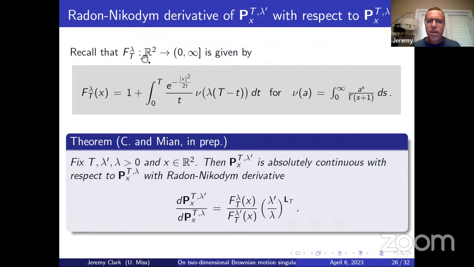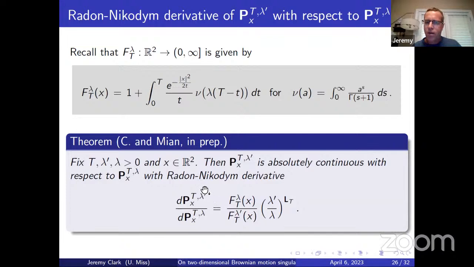Remember that we defined this function that had this form. It's built out of this capital F function, which is built out of a Gaussian and the Volterra function. Then the next theorem states that the local time has a very fundamental importance to the path measures, in that if you take two strength parameters, lambda prime and lambda, then the path measure depending on lambda prime is absolutely continuous with respect to the path measure with lambda.